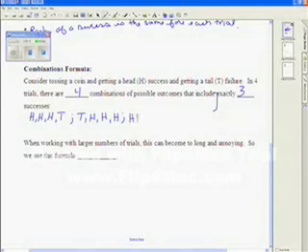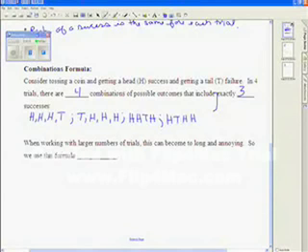H, H, T, H. Good. H, T, H, H. Good. That's 4. There are 4 combinations of possible outcomes that include exactly 3 successes. 1, 2, 3, 4.